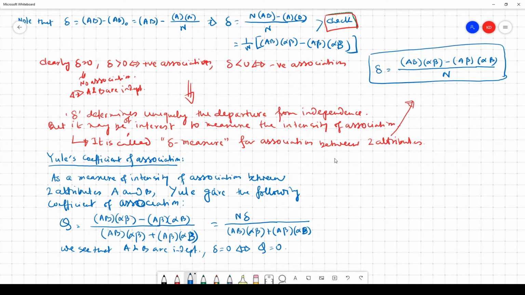Note that Q increases as delta increases.